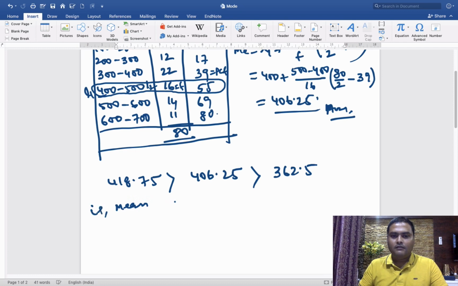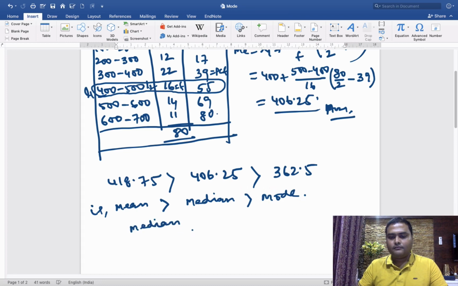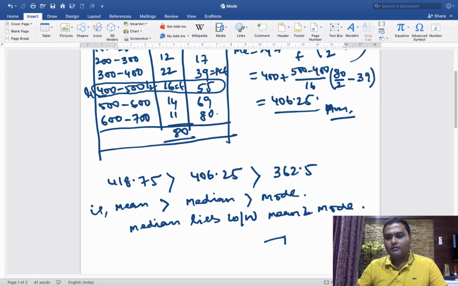The mean value is more than the median value, and the median is more than the mode value. Clear? So this clearly proves that the median lies between the mean and mode.